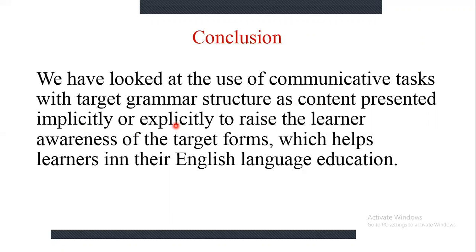You just see it, but you don't see it highlighted in the text. Implicit means indirect. Explicit means direct, you can see it. It gives awareness of the target forms, which helps learners in their English language education.